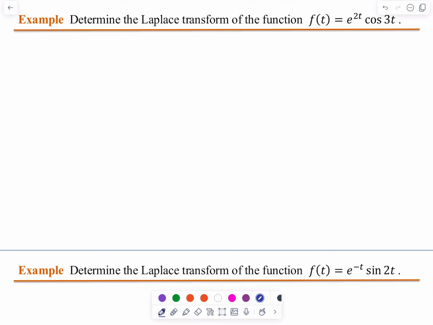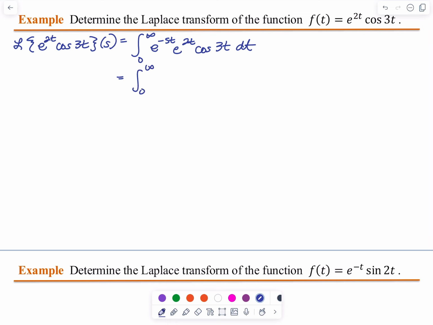So we are trying to find the Laplace transform for e to the 2t cosine of 3t of s, and that's by definition the integral from 0 to infinity of e to the negative st e to the 2t cosine of 3t dt, and that's equal to the integral from 0 to infinity.